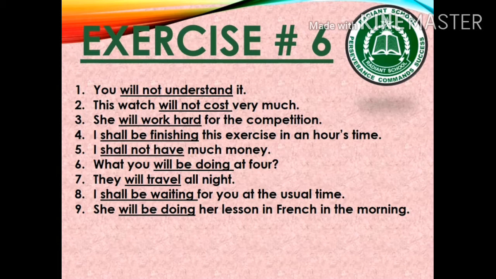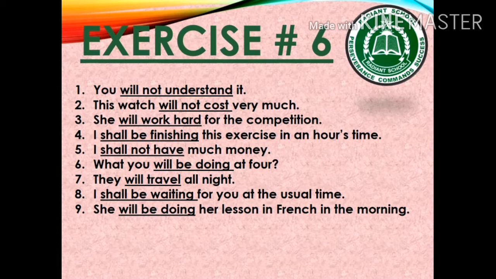What will you be doing at 4? At 4 is the keyword for future continuous tense. So we have used will be doing. They will travel all night. I shall be waiting for you at the usual time.